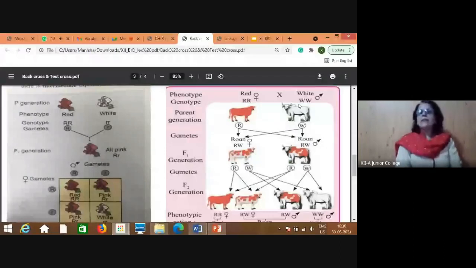So cattle with a red coat is represented as capital R, and with a white coat as capital W. Then these two parents are crossed to give the F1 generation.